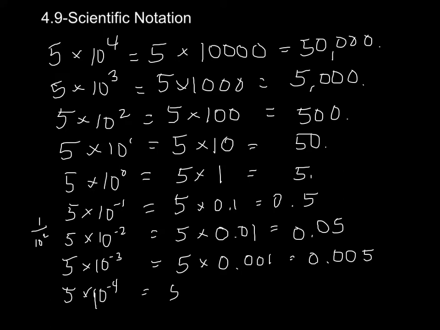Same as 5 times 0.0001, or 0.0005, ten-thousandths. Again, we're just moving that decimal point.